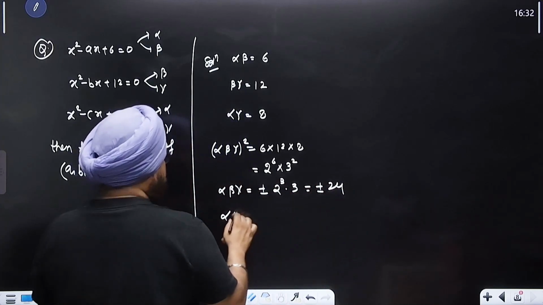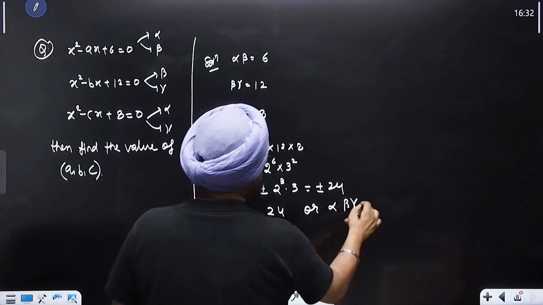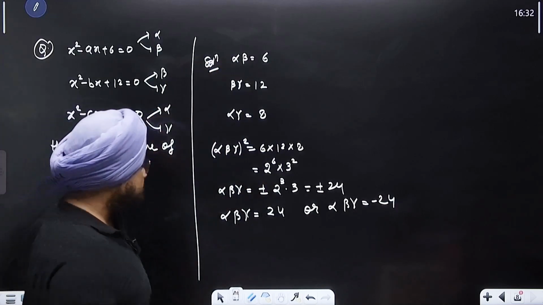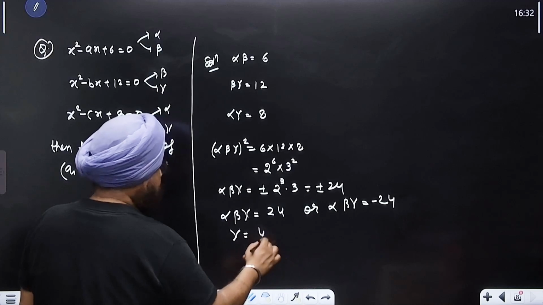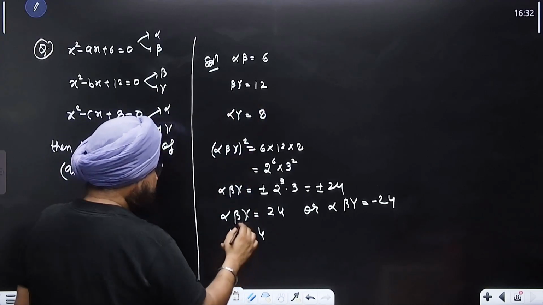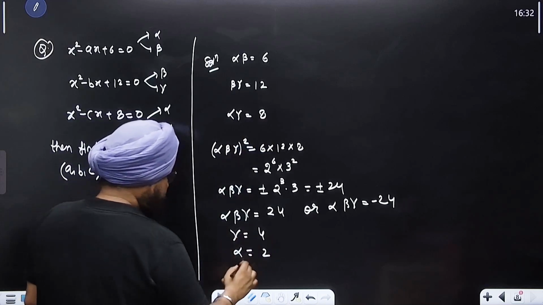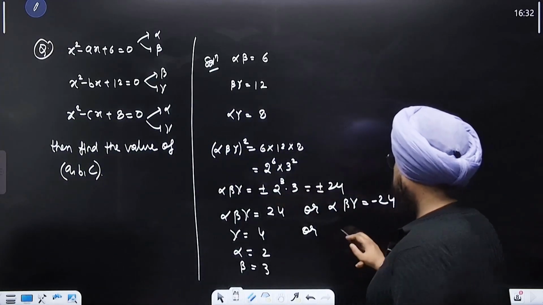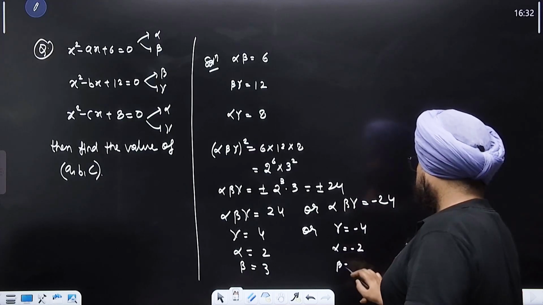Now alpha beta is 6, so gamma is 4; beta gamma is 12, so alpha is 2; alpha gamma is 8, so beta is 3. Or for −24, gamma will be −4, alpha will be −2 and beta will be −3.